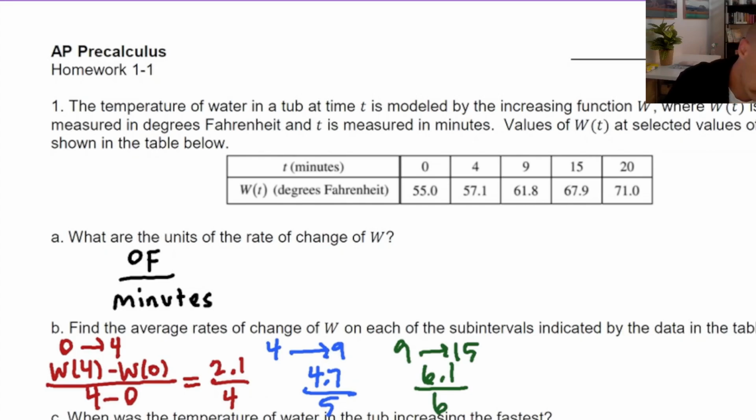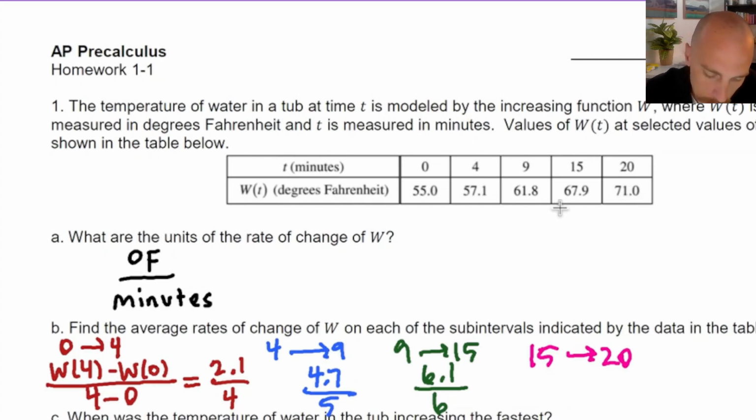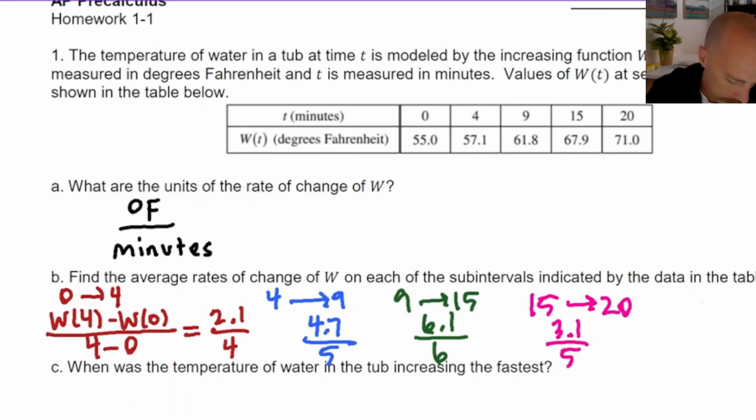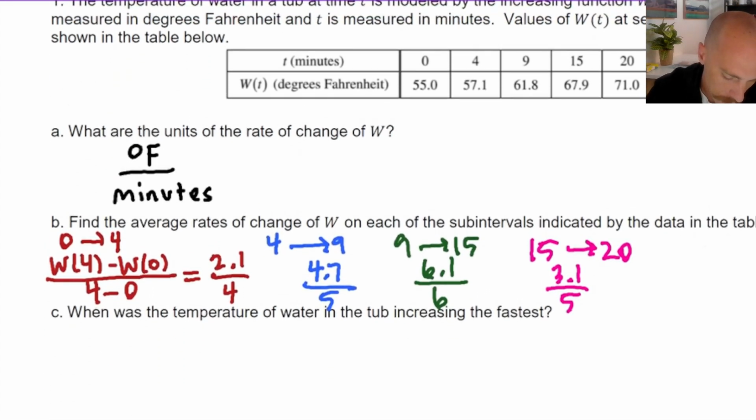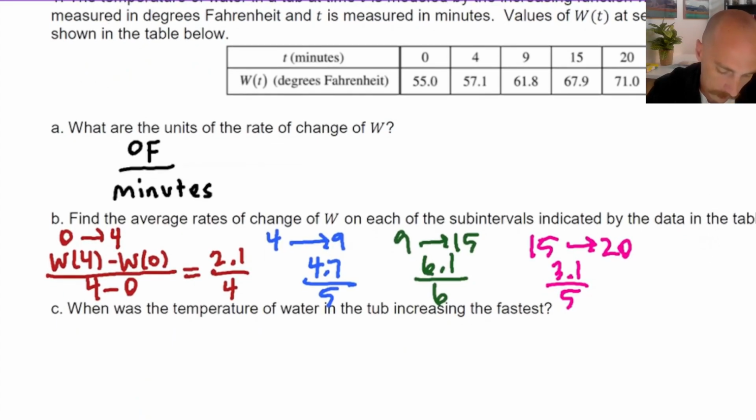And then the last one, from 15 to 20, is from 67.9 to 71.0, so that'll be, I'll go to 70.9 would be 3, so 3.1. 3.1 divided by 5.